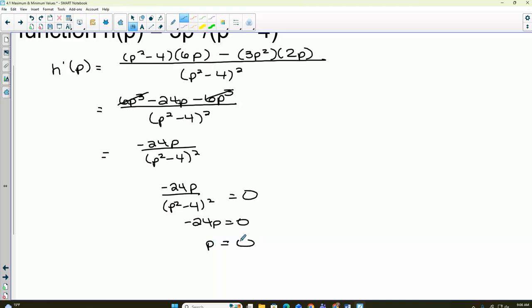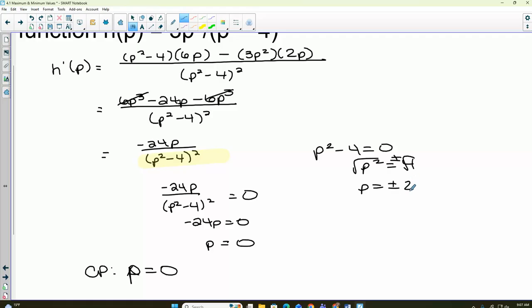So we get p equals 0. Critical points, we have p can equal 0. Are there any others? Yes. Critical points happen when the derivative is 0 or undefined. Undefined is going to happen when that denominator is equal to 0, or more specifically, when p squared minus 4 is equal to 0. So that's at positive and negative 2.